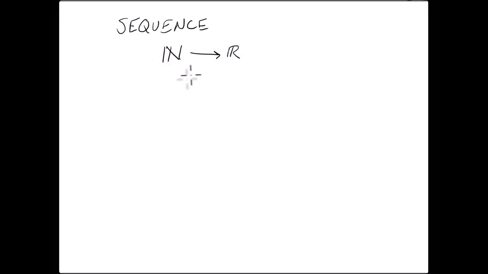A sequence is a mapping from the natural numbers to some field. That's a sequence. It's a mapping from the naturals to the reals. So if some natural number goes in, some real number comes out.